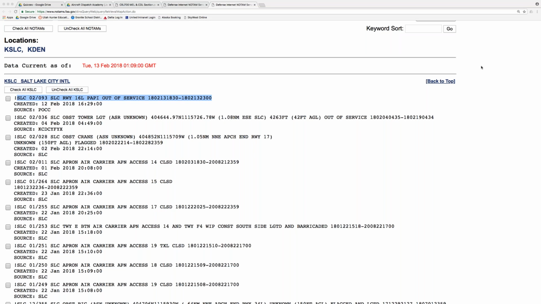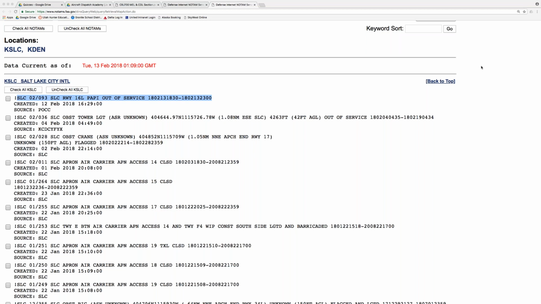It'll be in the NOTAMs. Say it didn't clear out of the NOTAMs at that time, we could call the airport and say, hey, is that lighting system back online? The NOTAM says that it was going to be back online at this time. I've got a flight coming in, and they would tell me at that time, and then I'd just relay that information to the pilot.